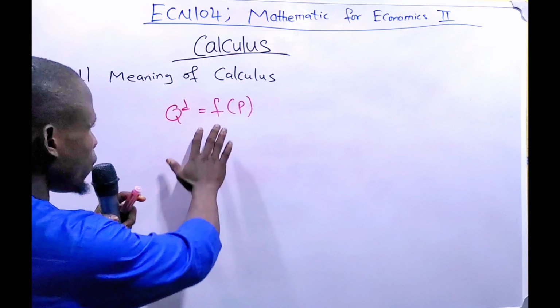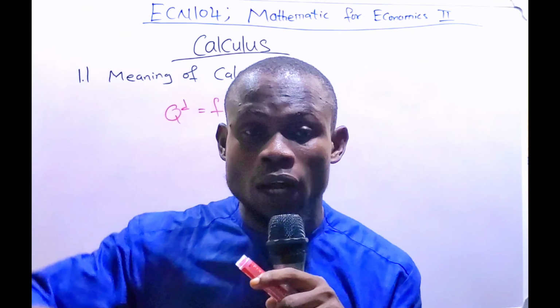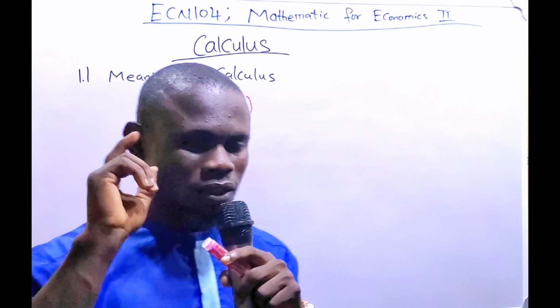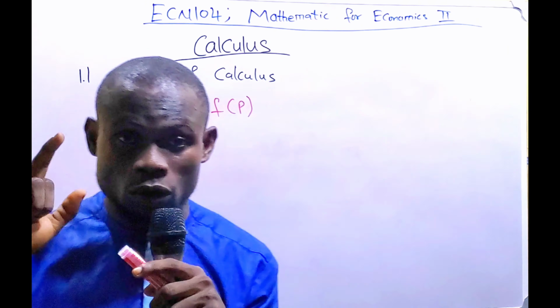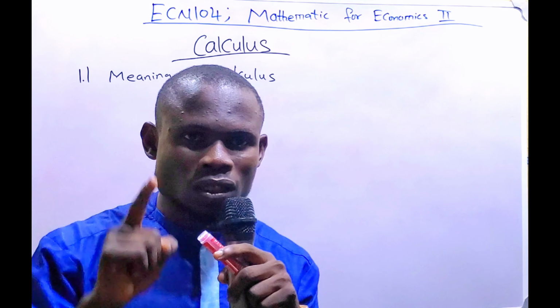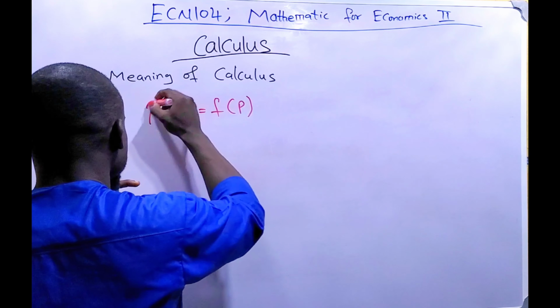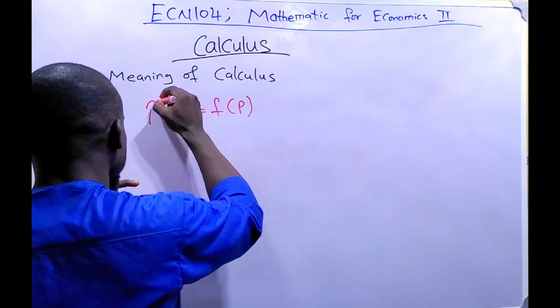So this is a function, but we can transform it into an algebraic equation, a mathematical form. For us to do that, our basic understanding comes from the law of demand, which says that the higher the price of a commodity, the lower the quantity demanded. By this law, when the quantity demanded is increasing, the price must have been reducing.